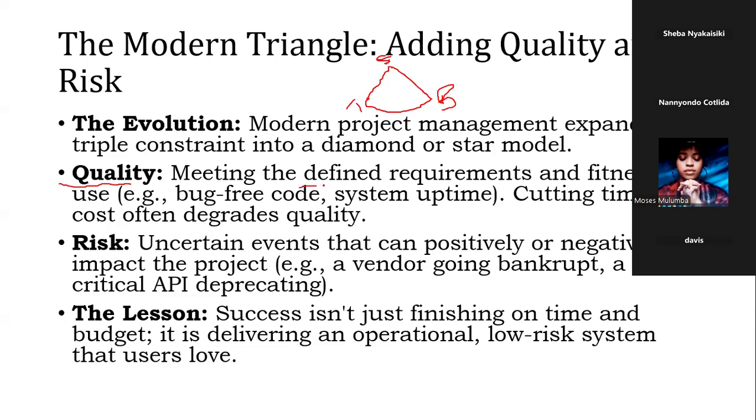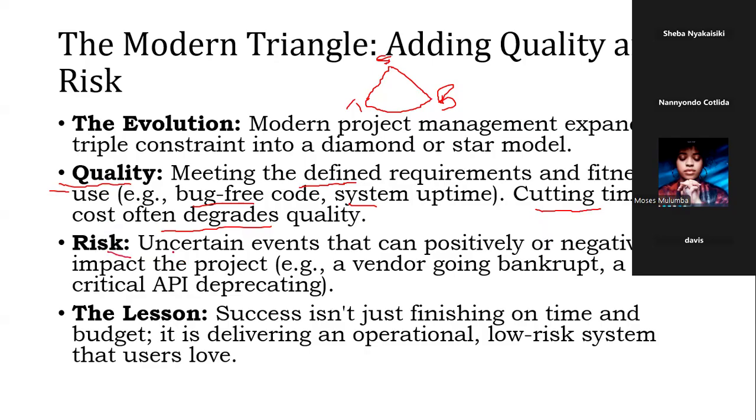You want to meet the defined requirements and fitness for use. You want something that is bug-free and acceptable system uptime. Cutting time or cost often degrades quality. So, like we said, if you try to overcut costs, you may compromise quality.